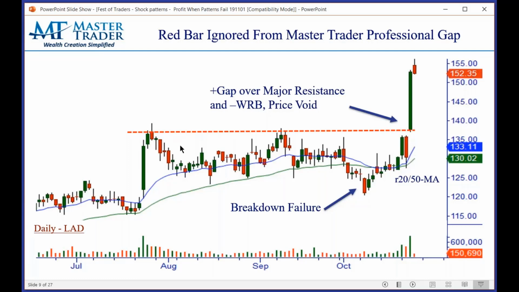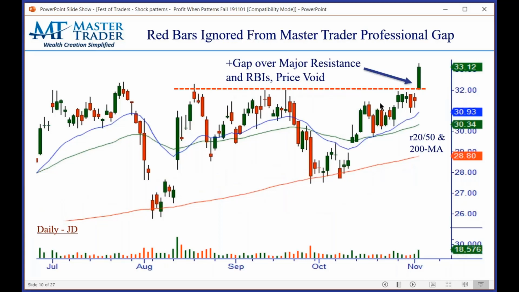Very next day, gap breakout, no resistance to the left. That's what we call a price void. A price void, if you're long, means insignificant resistance to the left. Again, very little tail. So over a 5 or 10 minute high, we were recommending bullish stock and option trades. JD, another one here. This one actually was yesterday.